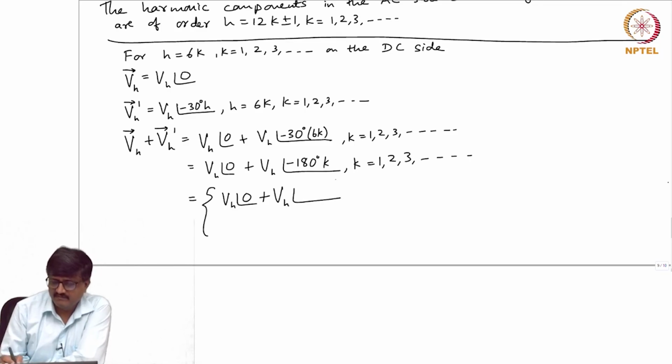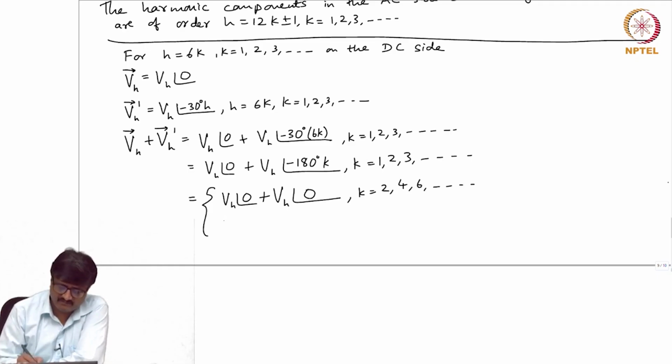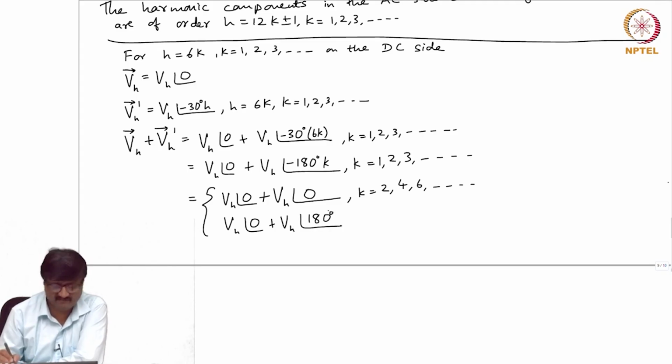If I take the easier case, even case first, when k is an even integer, the angle is 0. So, when k is equal to 2, 4, 6, it is VH at an angle 0 plus VH at an angle 0. And when k is equal to 1, 3, 5, and so on, it is VH at an angle 0 plus VH at an angle 180 degrees or minus 180 degrees.